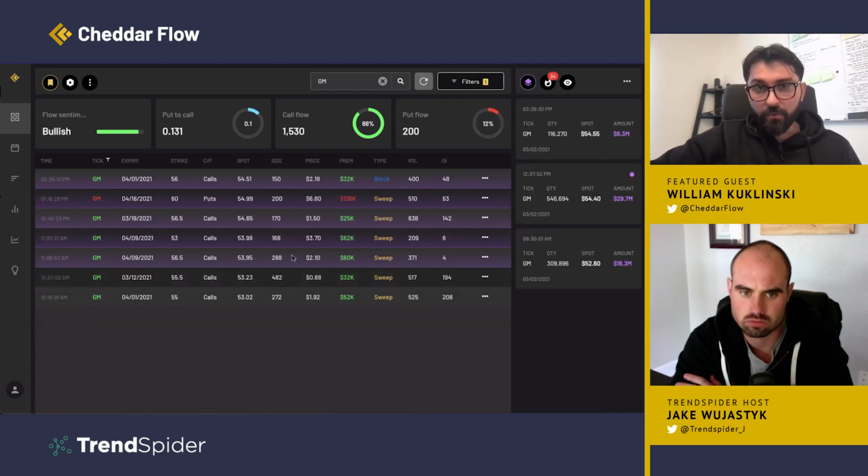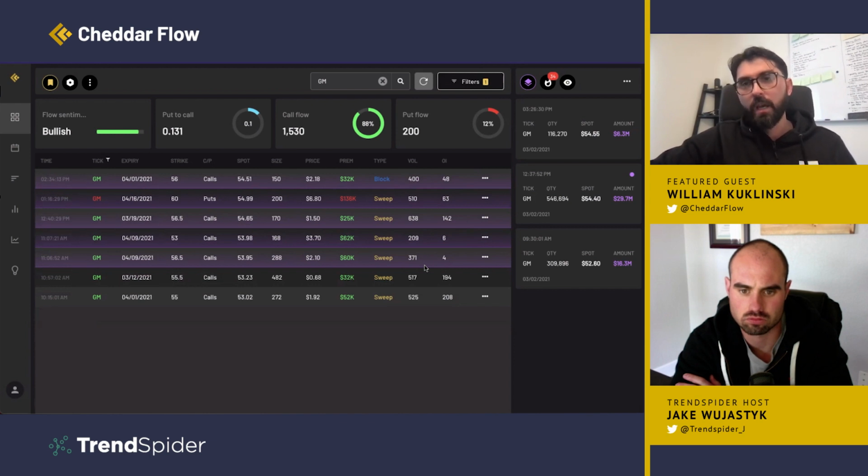Good amount of unusual activity in there as well. But one main thing that gives me a higher probability for this trade is also that they're opening. So we can really start assuming that these traders are going in and buying these positions.